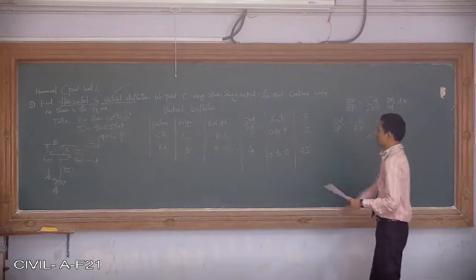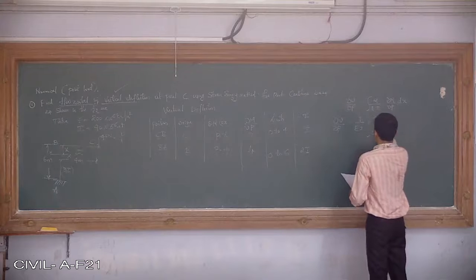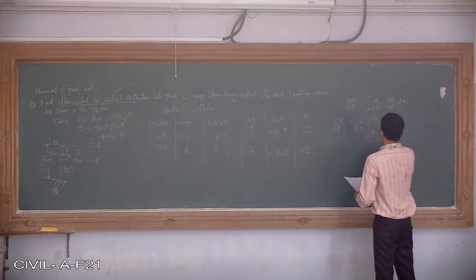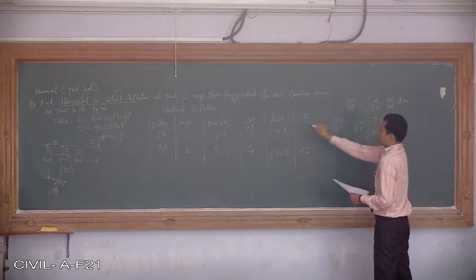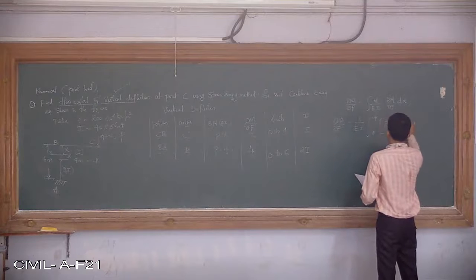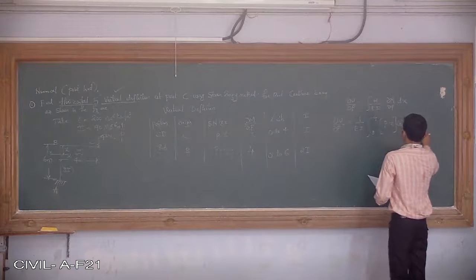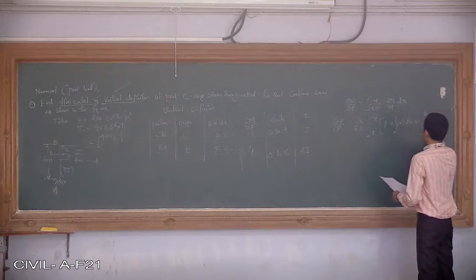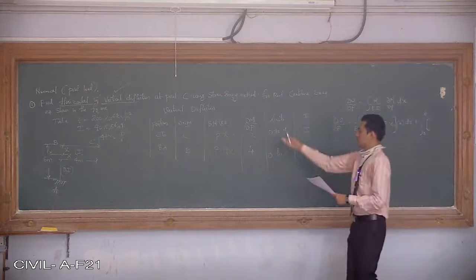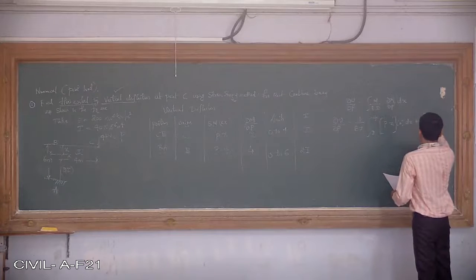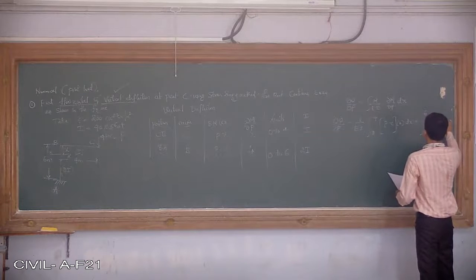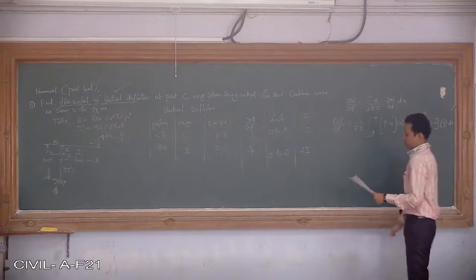The first term CB is 0 to 4, the moment equation is P into X, and the differentiation with respect to P is X dx, plus the second term 0 to 6, where the bending moment is P into 4 and the derivative is 4 dx.